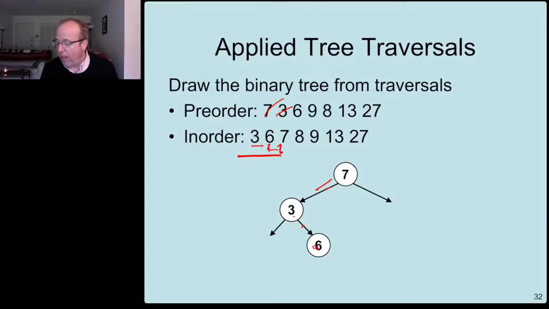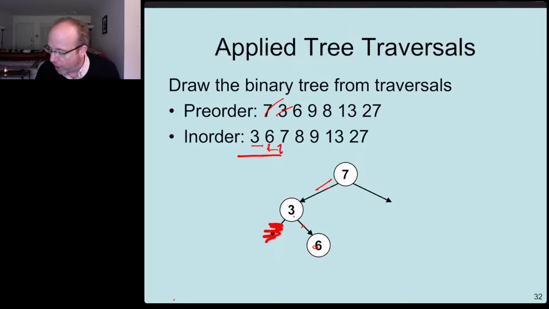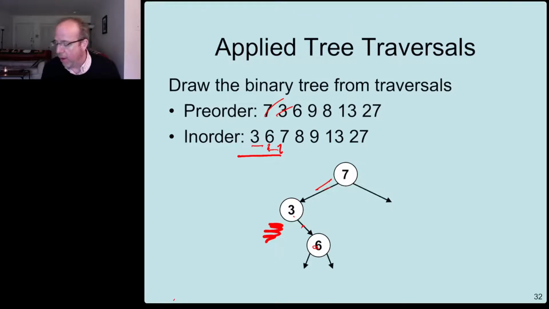And once we've placed 6, we know nothing can ever be to the left of 3. And so we no longer need to consider that as our next segment at all.